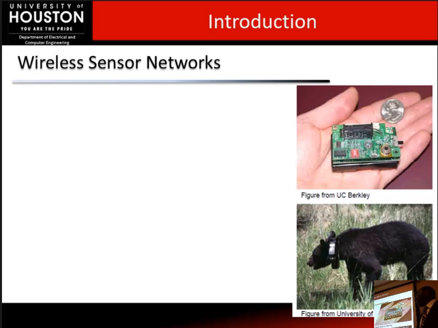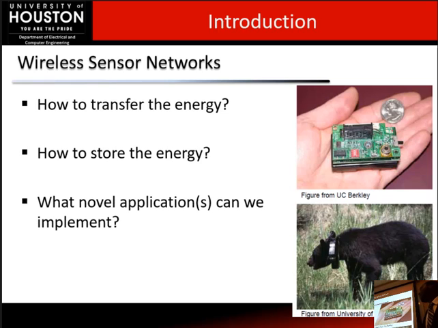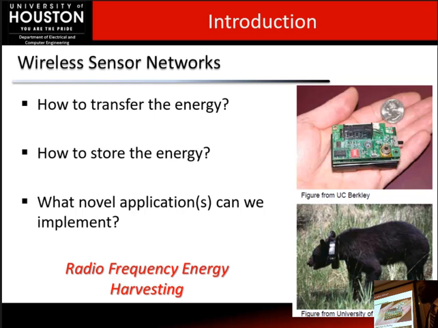So what I'm trying to address in this presentation is how we can safely and remotely transfer energy from a source to a sensor network, how we can store the energy and supply power continuously, and what kind of novel applications we can implement. So all this will be answered by the radio frequency energy harvesting.